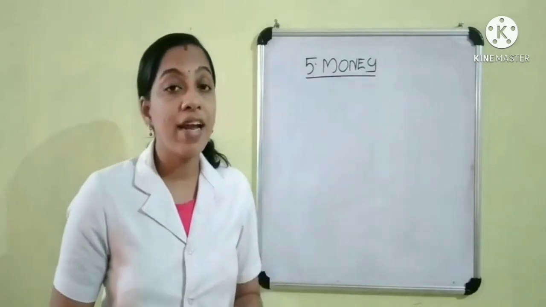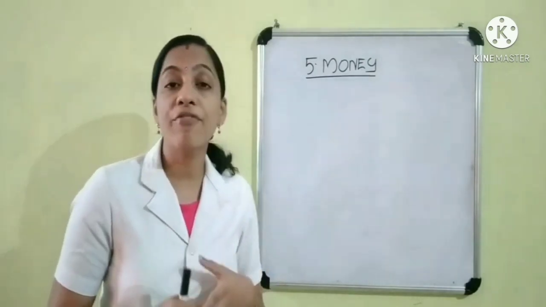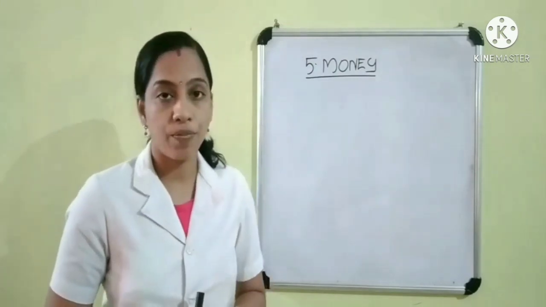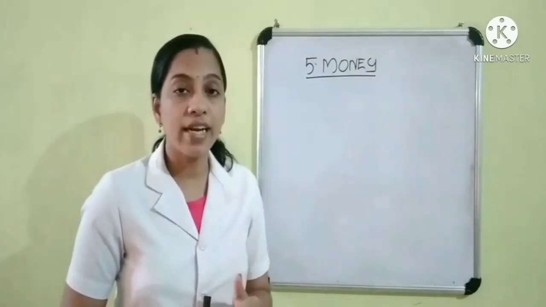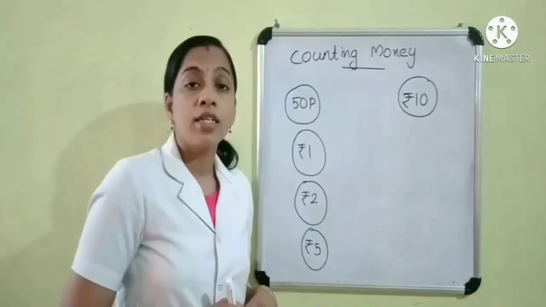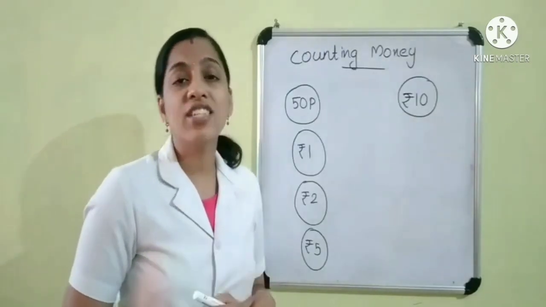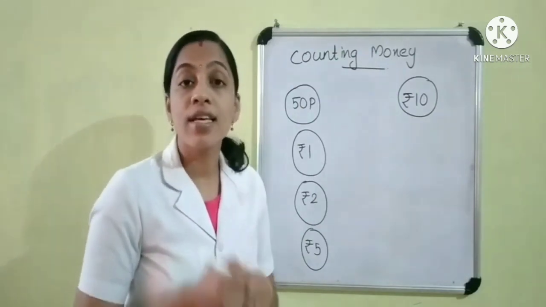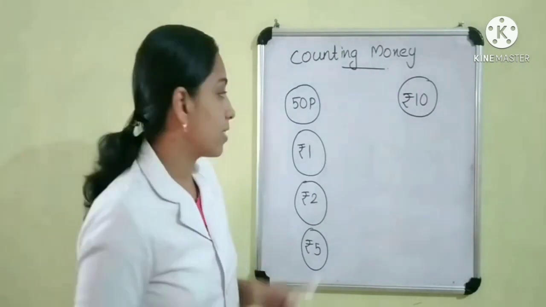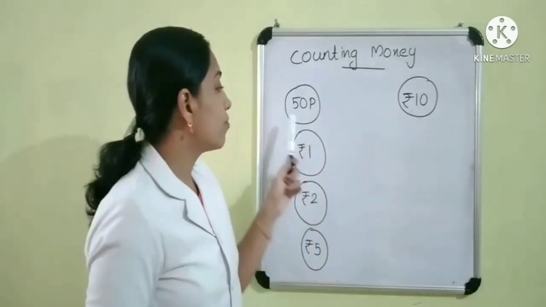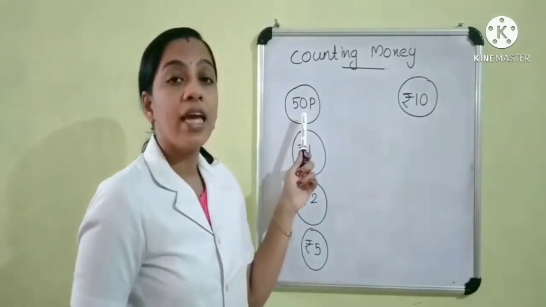We learn different notes and coins have different values and some notes and coins have the same value. Do you remember? See children, counting money is very important in our life. Did you observe that on each coin and currency note there is a number that shows its value? Let us see. Here you can see some coins. The first one, 50p.